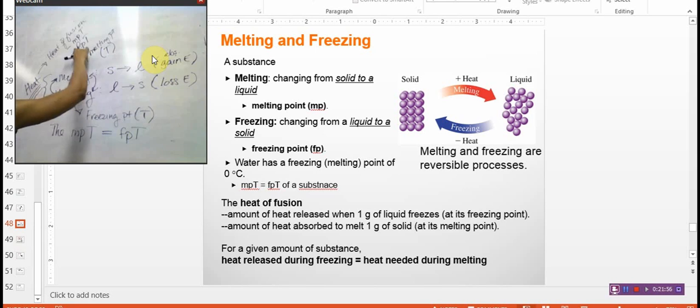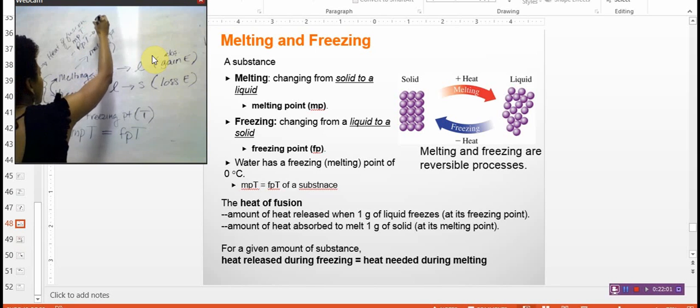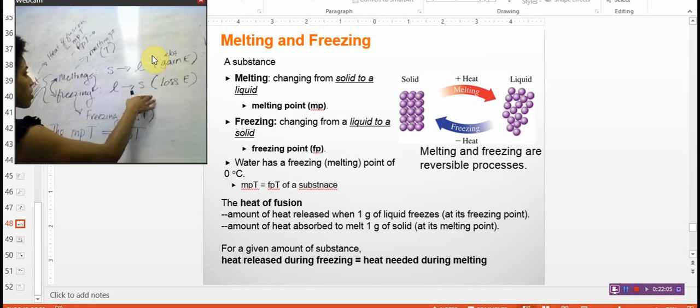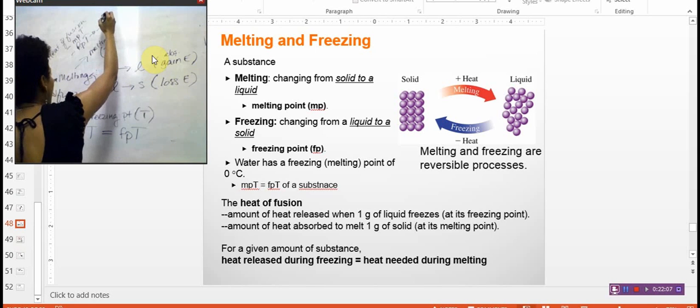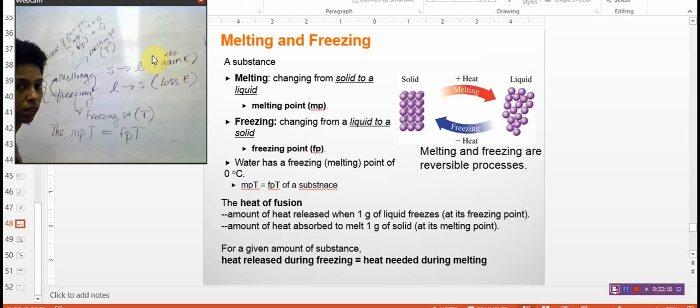So if I'm freezing, then this heat of fusion, am I losing or gaining energy? I'm losing energy, so it's going to be a negative Q. If I am gaining energy, then it's going to be a positive Q. Okay?